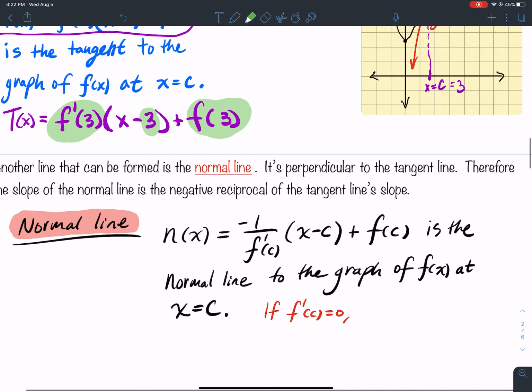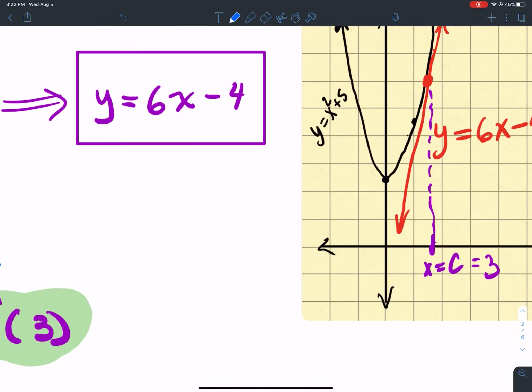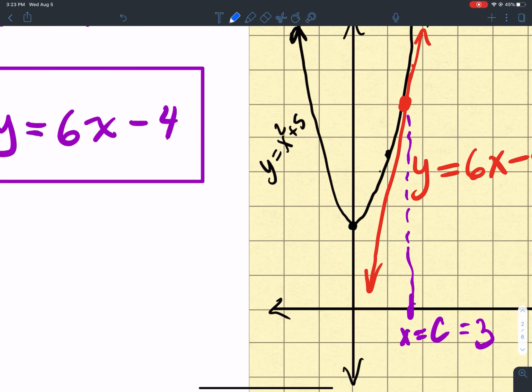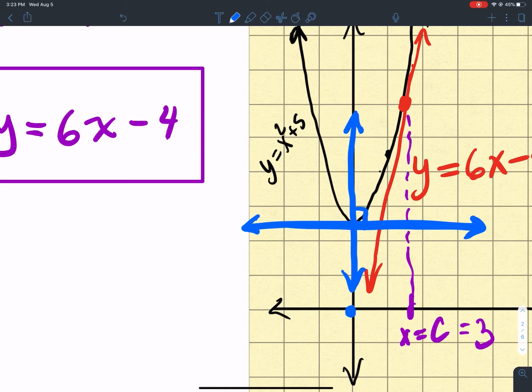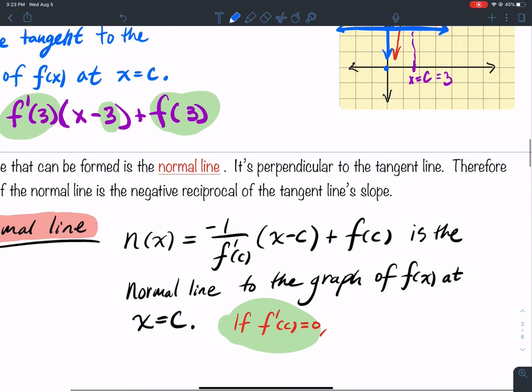Now, we've got a situation here. If f prime of c is equal to 0, so you think about this scenario, right here. When we plugged in 0 for x, I got a horizontal line, right? Now, the normal line, instead of the tangent line, would be perpendicular. It's vertical. So you can't write a vertical line as y equals something, right? It's actually defined to be x equals.